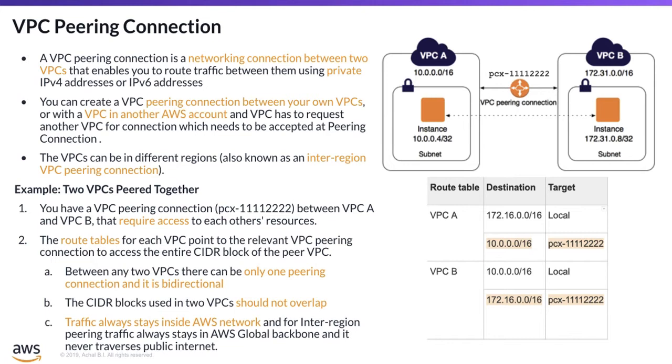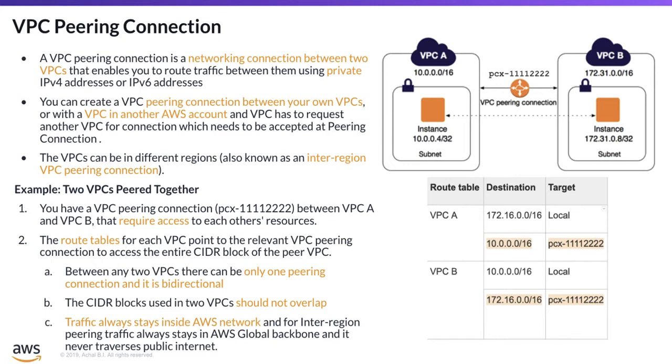Peering connection is used whenever you want to connect VPCs in a way that they communicate with each other using private IPv4 addresses or IPv6 addresses.